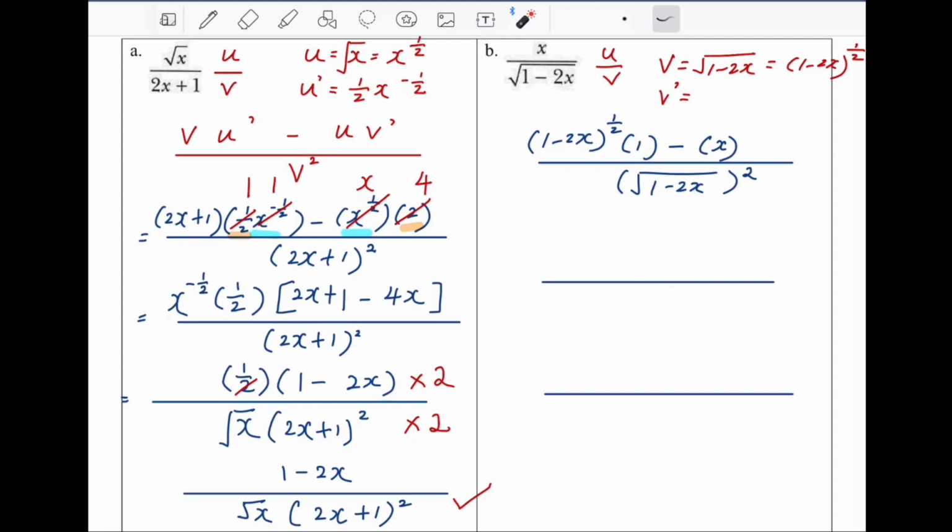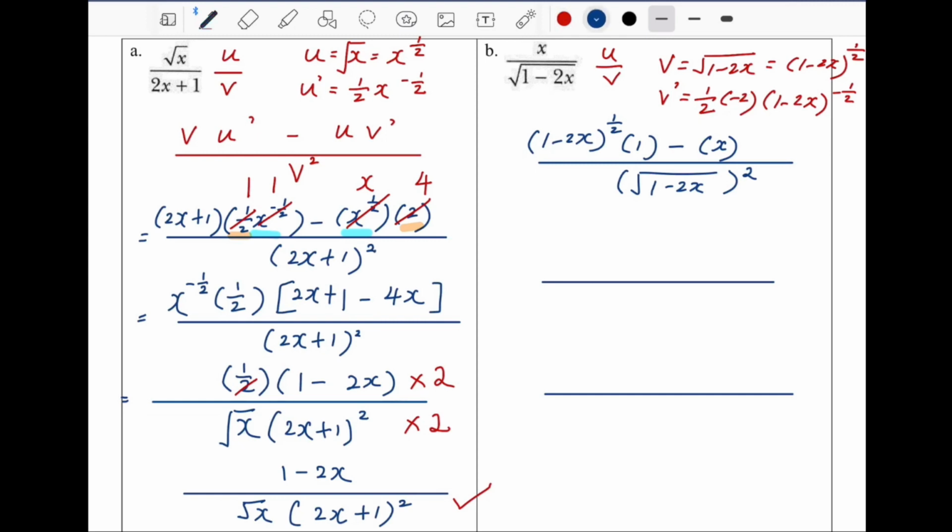So one by one. So first, 1 over 2, bring it down, followed by differentiating inside, negative 2, followed by minus 1 for the power. So 1 minus 2x, negative 1 over 2. Okay, simplify. Never mind.